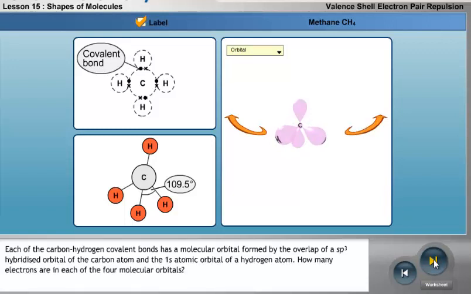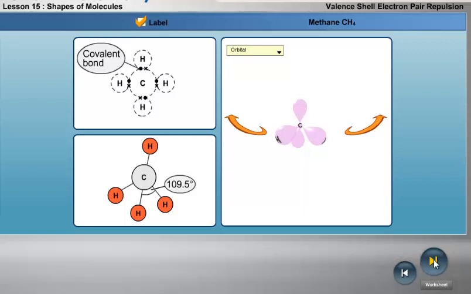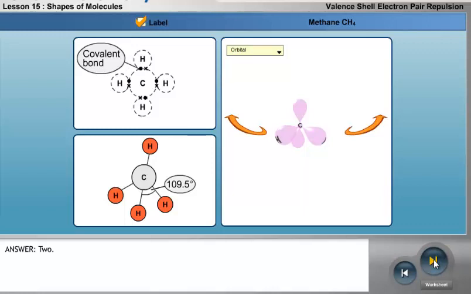Each of the carbon-hydrogen covalent bonds has a molecular orbital formed by the overlap of a sp3 hybridized orbital of the carbon atom and the 1s atomic orbital of a hydrogen atom. How many electrons are in each of the 4 molecular orbitals? Answer: 2.